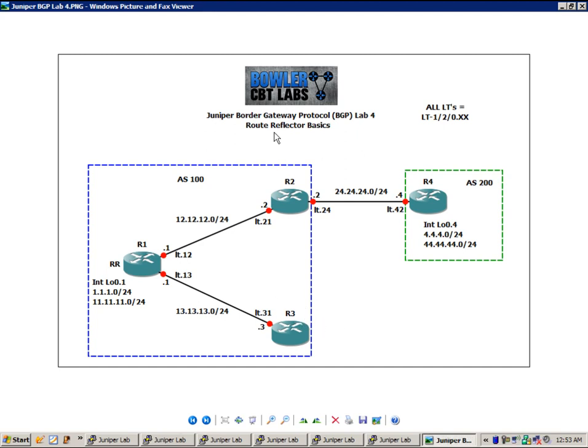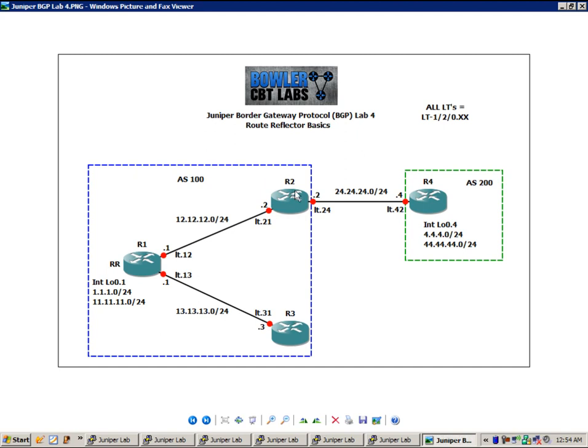So route reflector is, again, one way to combat the rule within internal BGP that every router that's running BGP must peer with every other router. So this gets us around the full mesh rule.